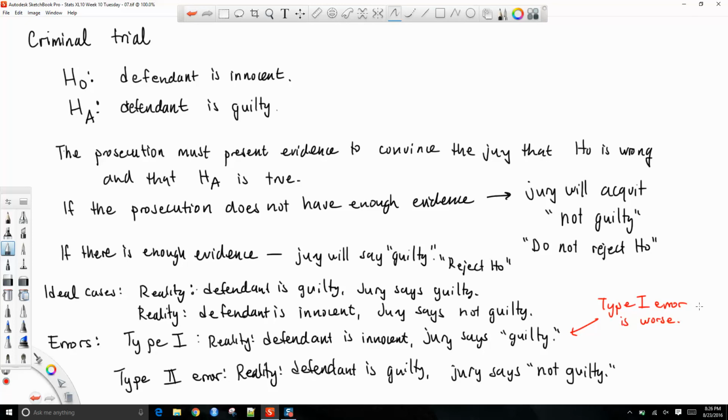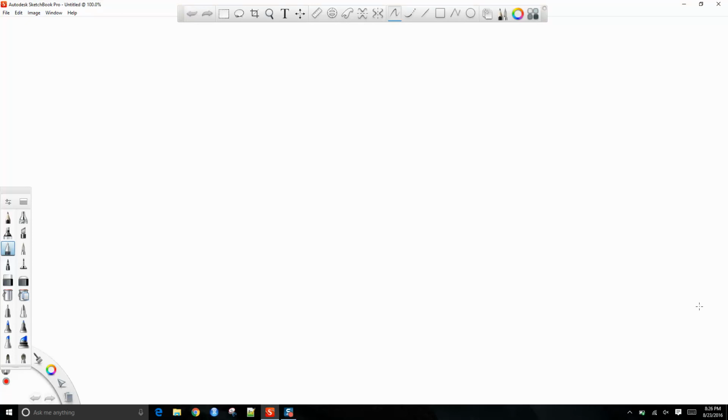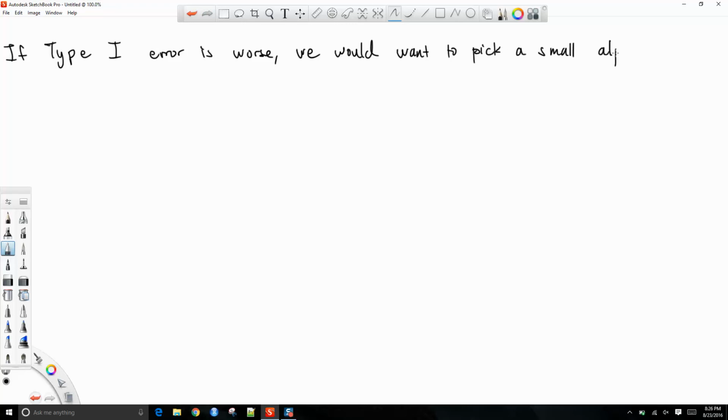So if the type 1 error is worse, we would want to pick a small alpha.